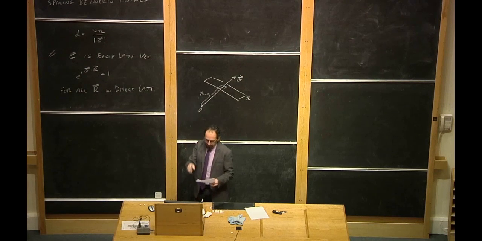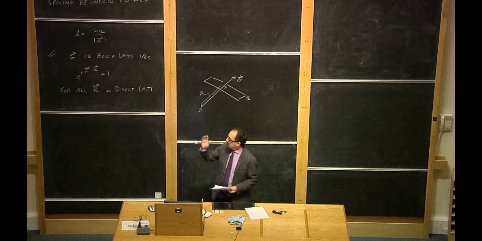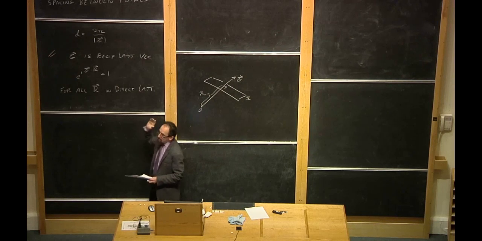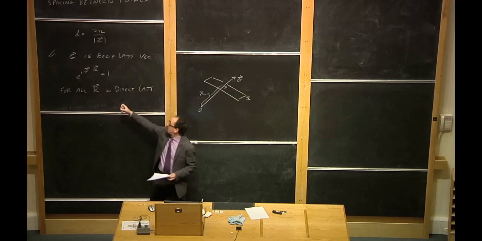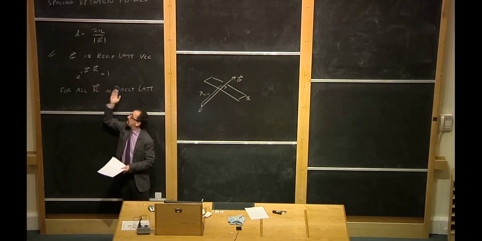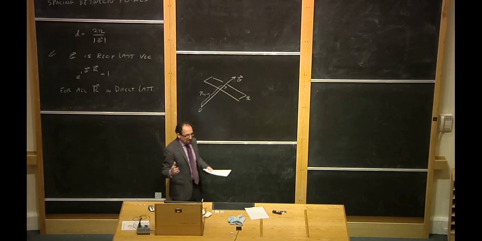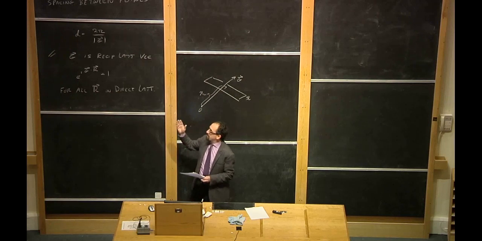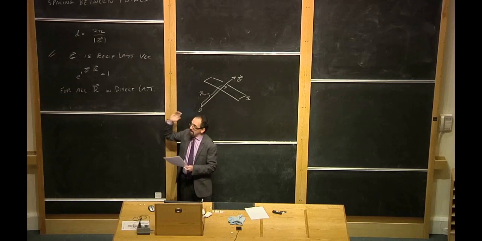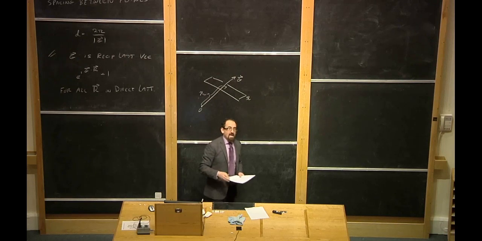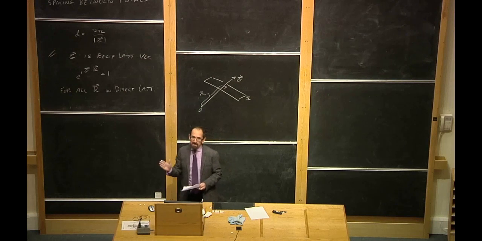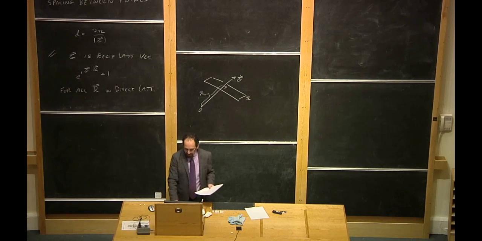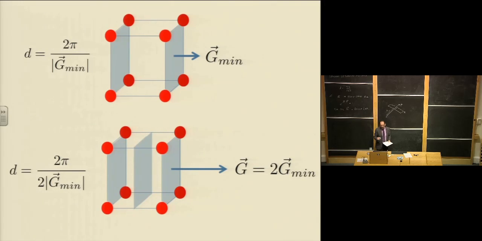So what that tells us is that every lattice point is going to be included inside this set of planes. Because any r will have to satisfy e to the i g dot r equals 1 if G is a reciprocal lattice vector. So all of our lattice points in the direct lattice are going to be included in this set of planes that we just defined. However, it does not mean that every plane cuts through lattice points. Why not? Here's a picture to explain that.